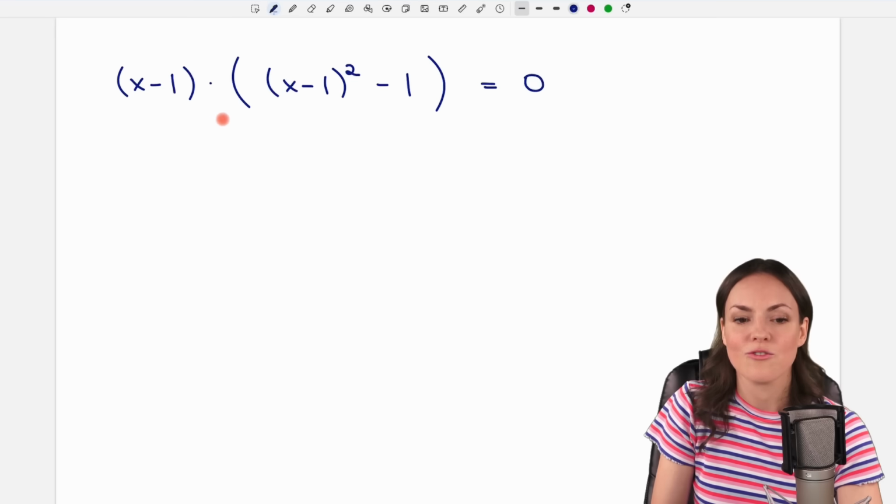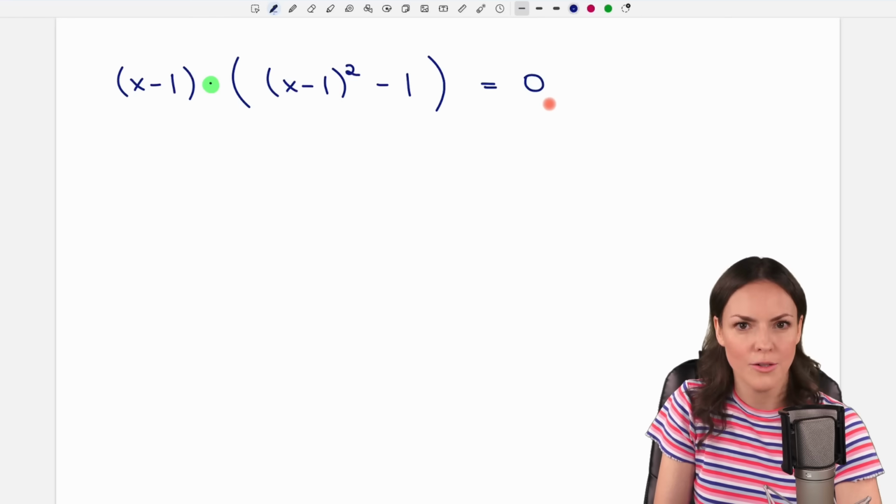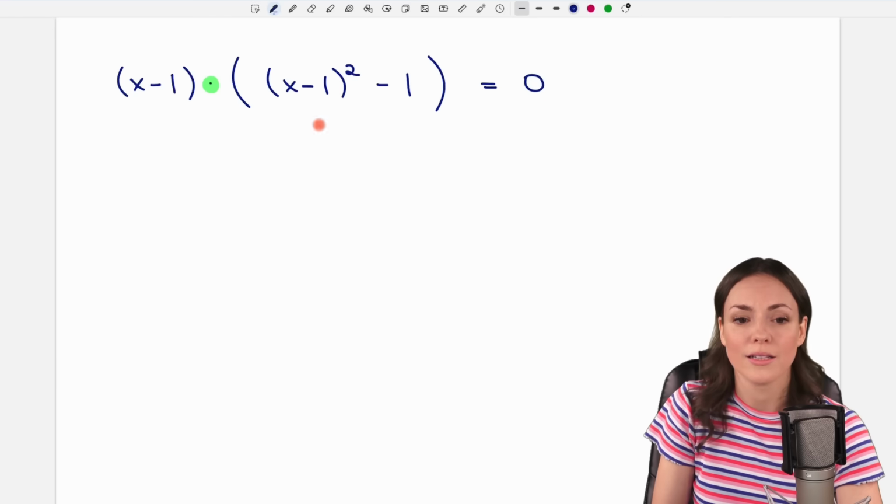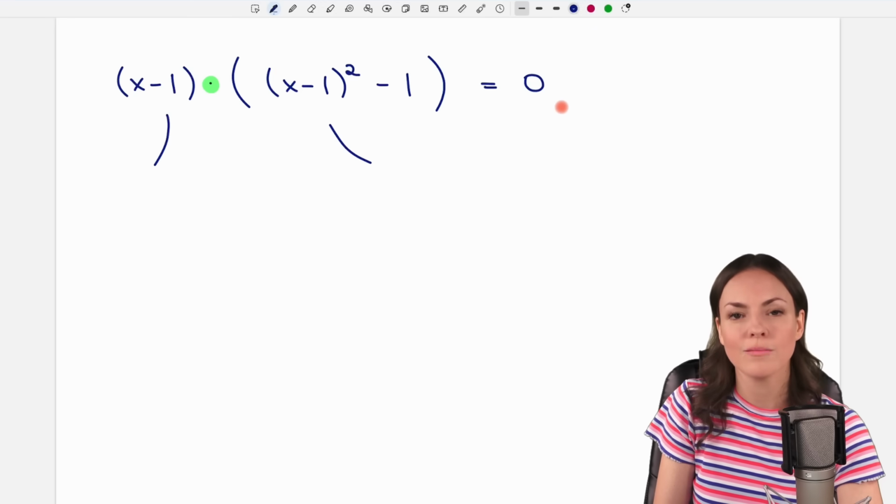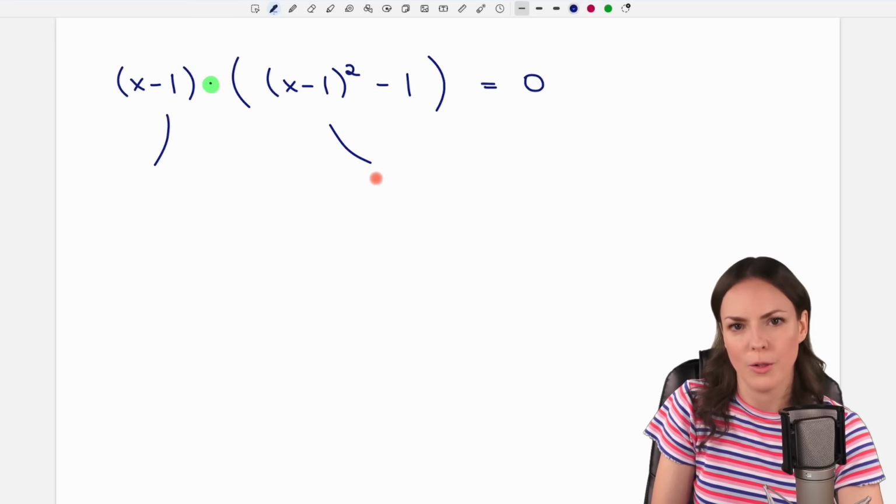And now it's great that we have a product here because we have something times something equals 0. This is only possible if either this here is already 0 or this here is 0. So we can split this one equation into 2 separate equations.